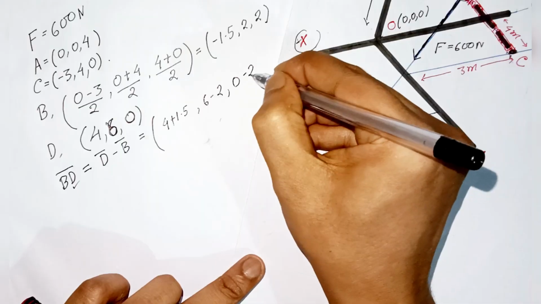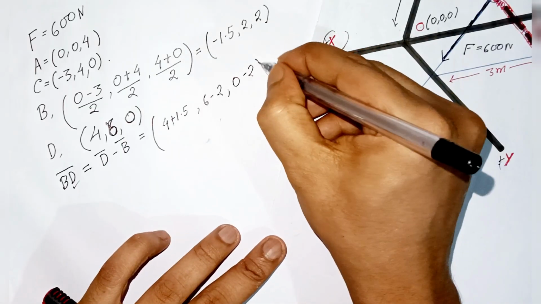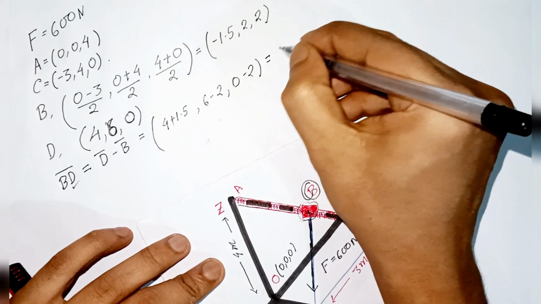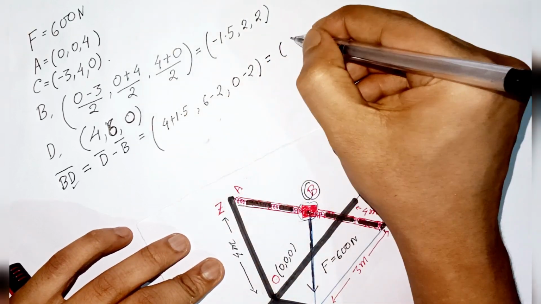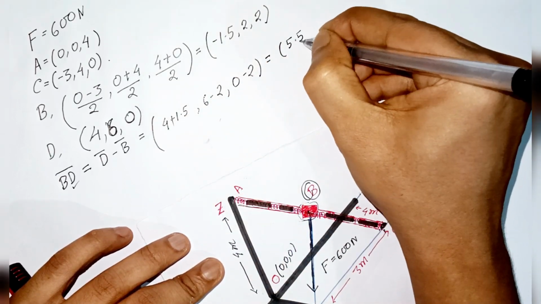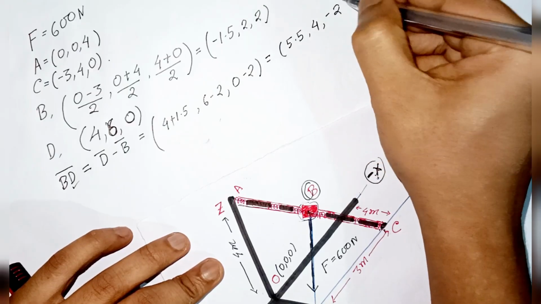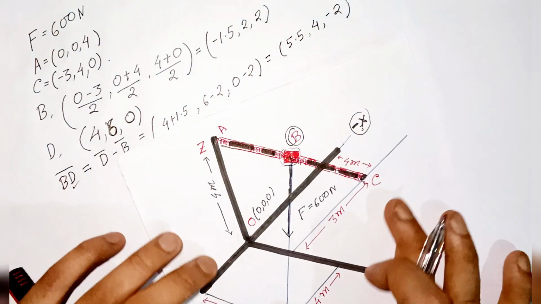Then 0 minus 2 is minus 2. This is the BD position vector. You can write it with I cap, J cap, K cap as you wish: 5.5 I cap, 4 J cap, minus 2 K cap.